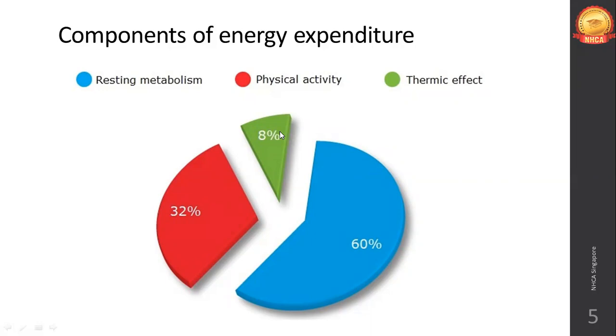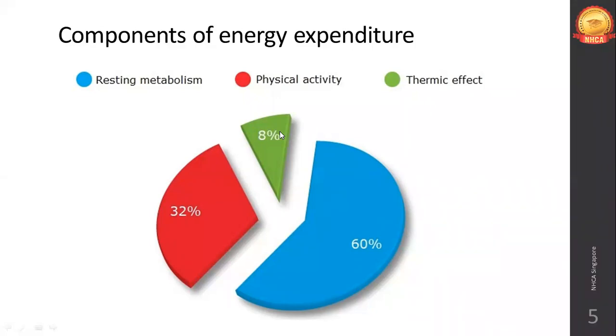But those who have a very high and more than moderately active lifestyle, your energy expenditure may have a bit more into physical activity. It could be used up by your physical activity up to 40% as well. It depends on your individual stamina as well as your day-to-day activities.